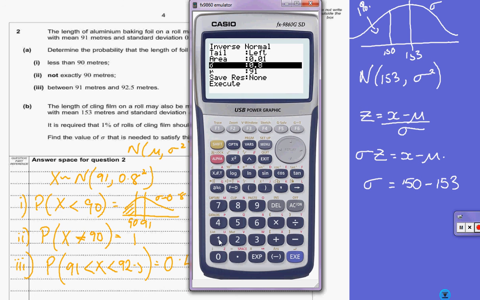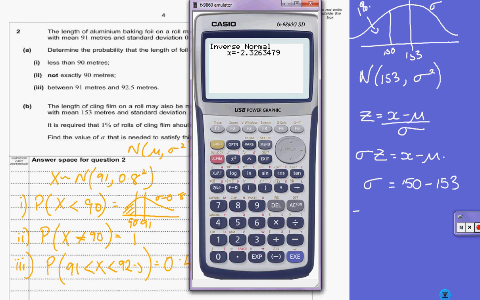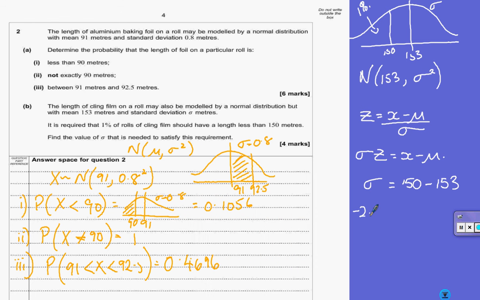I want a z, so my standard deviation is 1 and my mean is 0. By doing that, I find the z value here is minus 2.3263. And that will equal 150 minus 153, which is minus 3, over sigma.